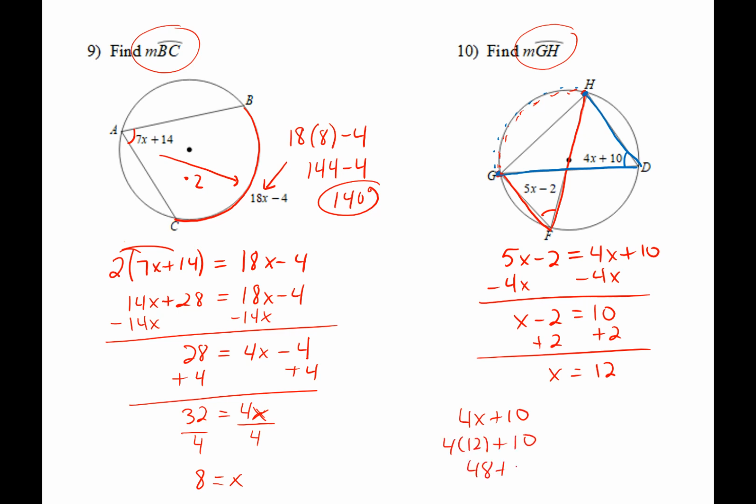I get 48 plus 10, which equals 58. Then I would need to take that and double it to take it out to the arc. So from the angle out to the arc is going to be double. So take 58 and multiply it by 2. I get 116. So the answer there should be 116 degrees.